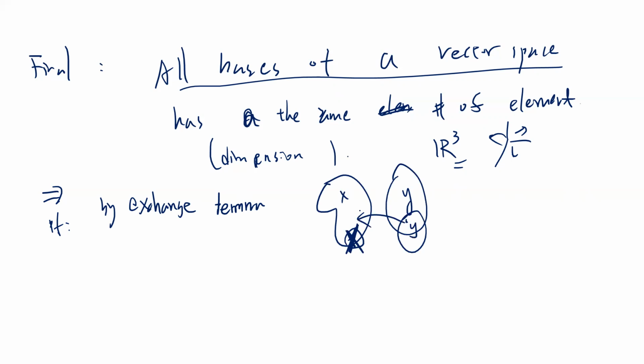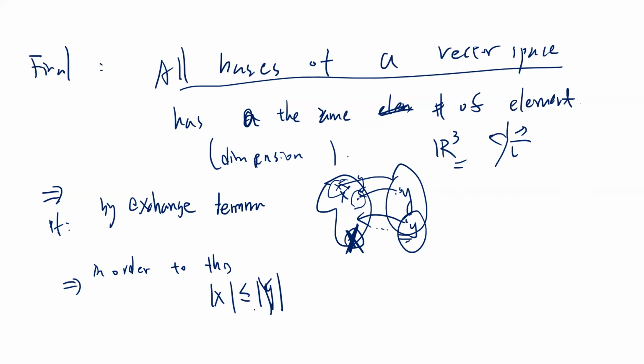And so you can keep going: pick another X and pick some Y, replace this X with some Y, and keep going, right? In order to do this, the number of Y elements must be greater than X, so the size of the set X must be less than or equal to that of Y, right? But this is symmetric, because you can start by picking Y and replacing X. So Y is less than or equal to X, so X and Y have the same size.